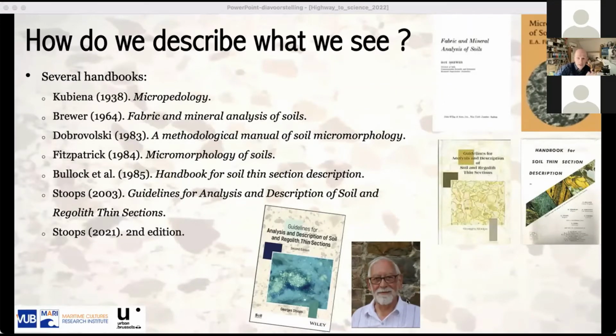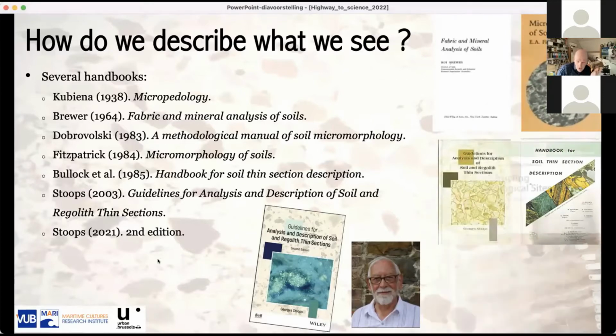His guidelines, also sometimes called the White Book, basically permit us to describe all the different components and soil forming features that we can observe within the thin sections. And last year, a second edition of these guidelines for analysis and description of soil and regolith thin sections came out.